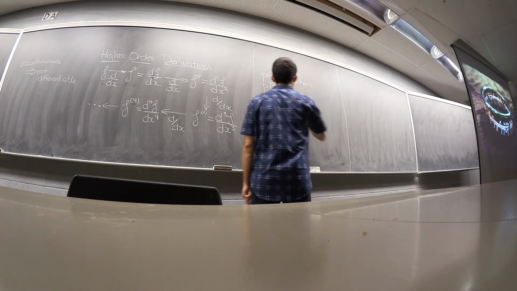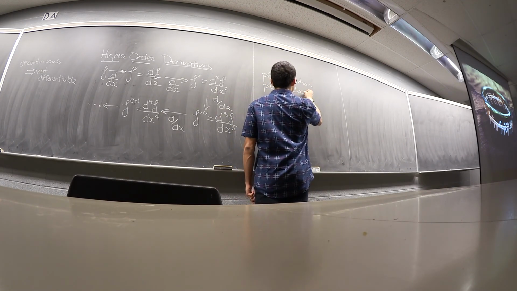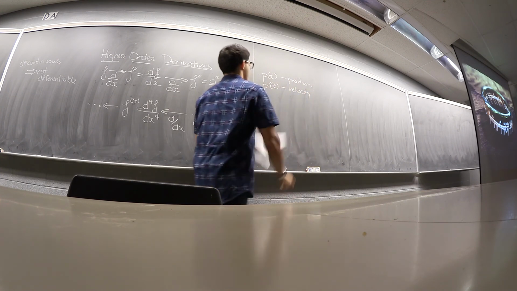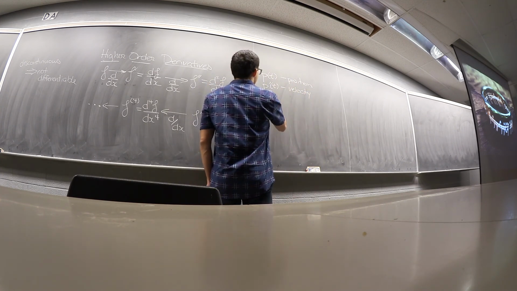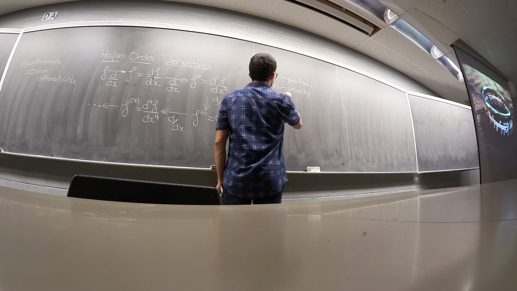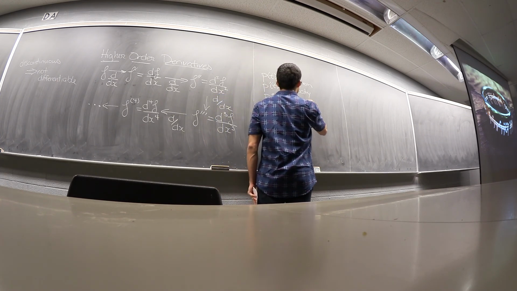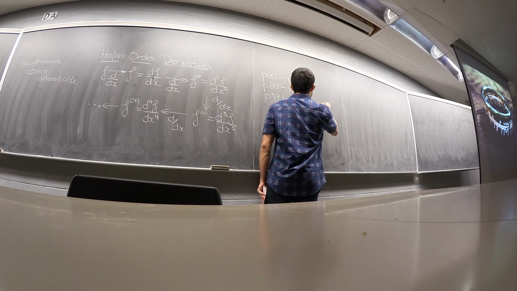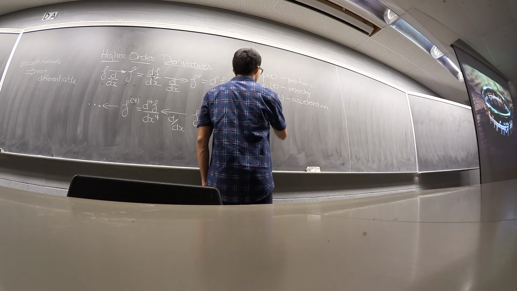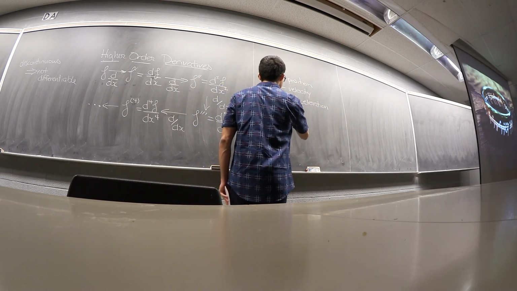Velocity. Speed is the absolute value. The second is called? Acceleration. And the third? Jerk. Very good. Jerk.